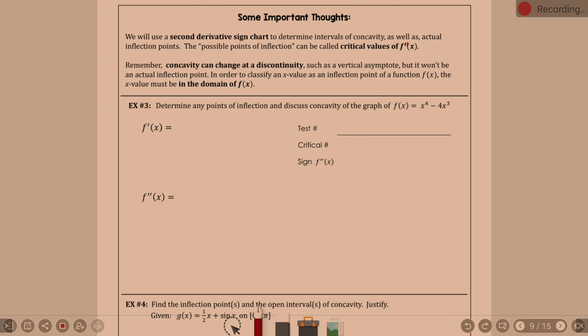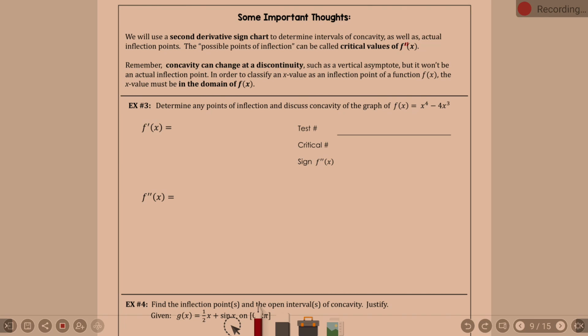Remember, concavity can change at a discontinuity, such as a vertical asymptote, just demonstrated that, but it won't be an actual inflection point. In order to classify an x value as an inflection point of a function f of x, the x value must be in the domain of f of x. And so thus the idea of continuity.